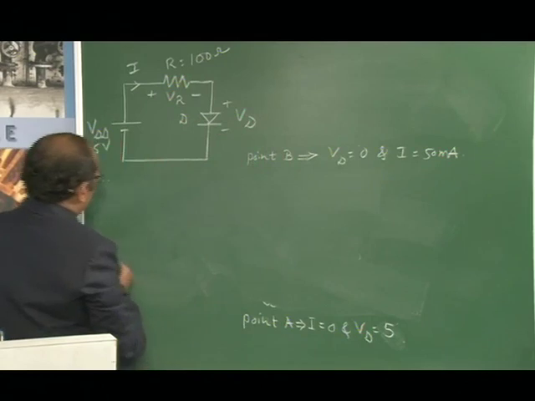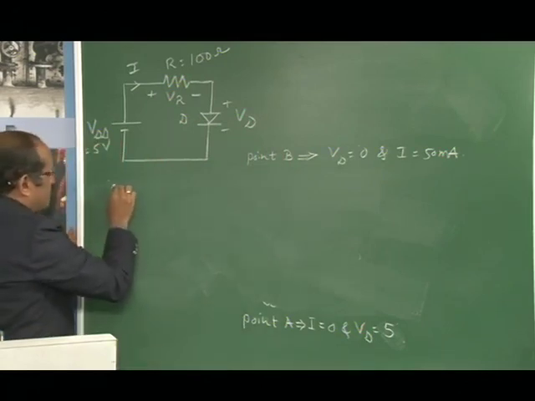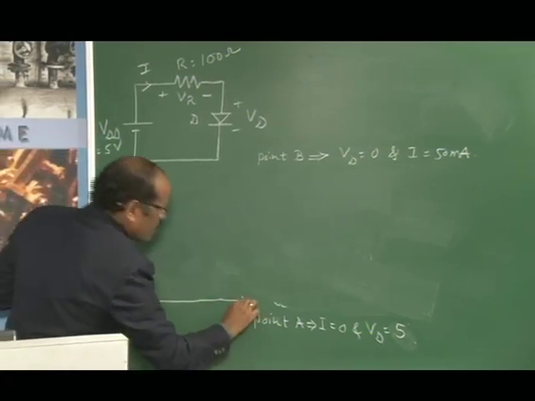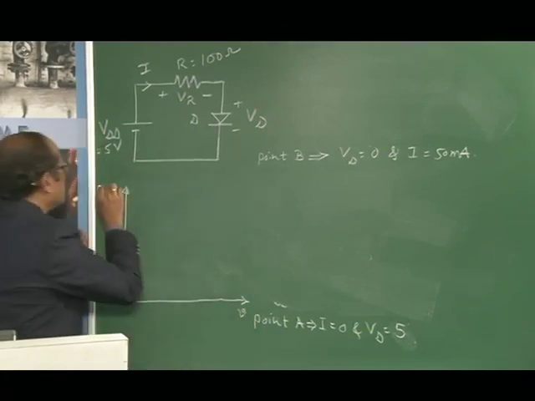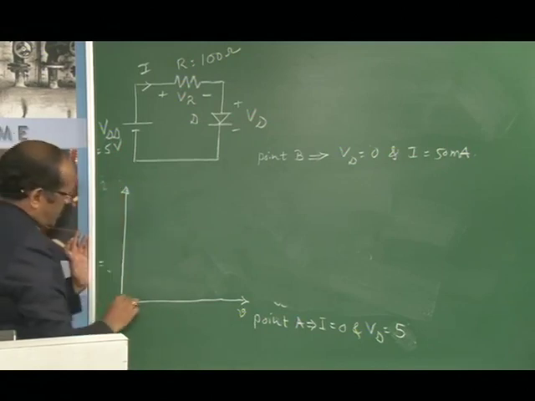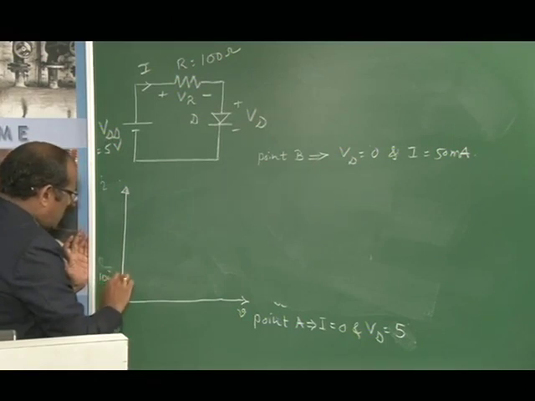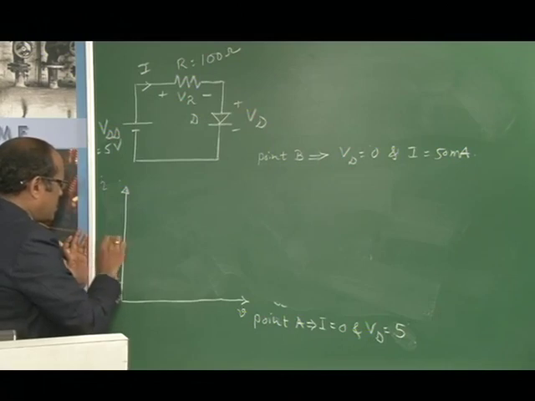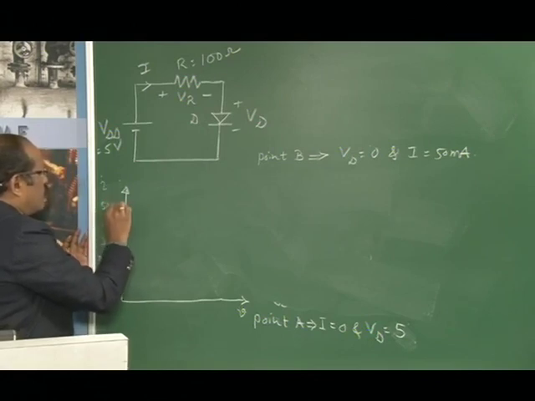As you know, in the graphical analysis we mainly need to draw the axes. This represents the voltage axis, this is the current axis, and you can call this 10 milliampere, this 20 milliampere, 30 milliampere, 40 milliampere, and finally 50 milliampere.